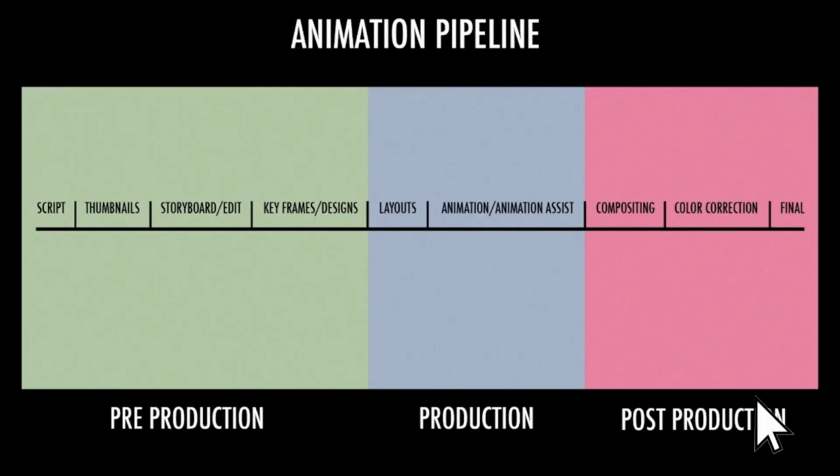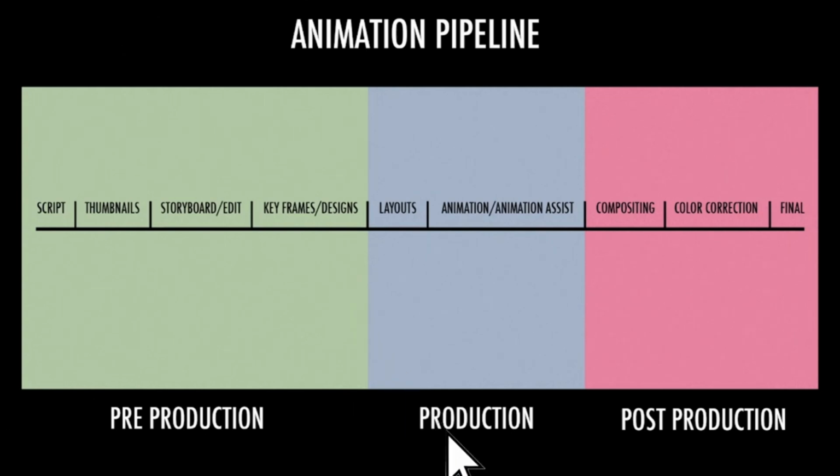So, like I had covered before in episode 3, very briefly, here are all the steps involved with the animation pipeline that I have divided into different stages. So the first stage highlighted in green is the pre-production stage, which is where we are currently at right now in the series, which consists of the scripts, thumbnails, the storyboard and the edits, and the keyframes and designs.